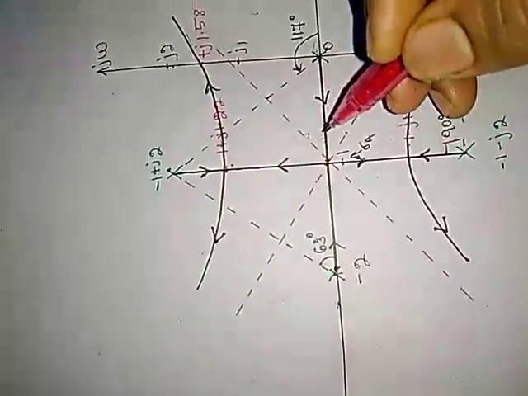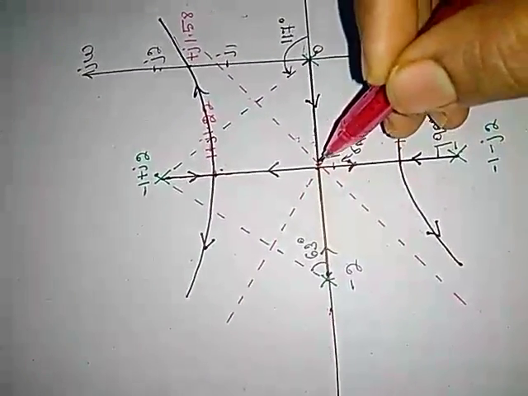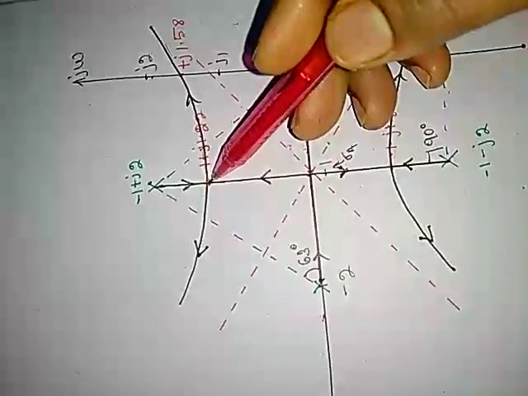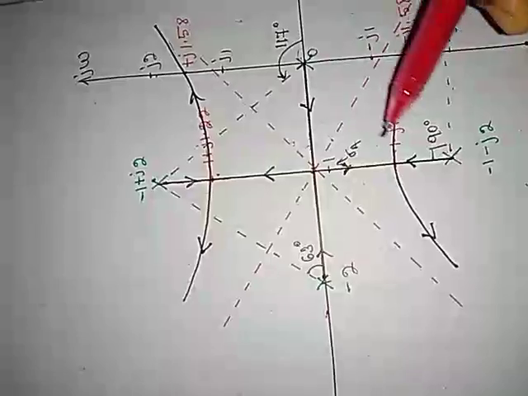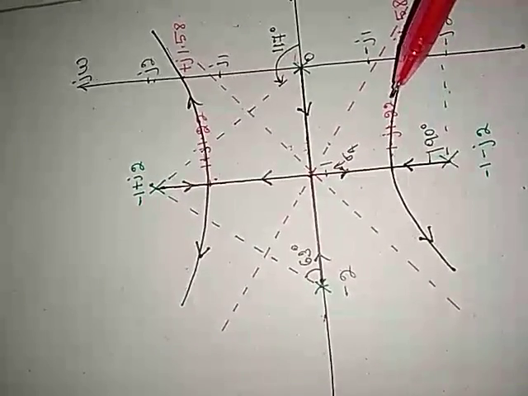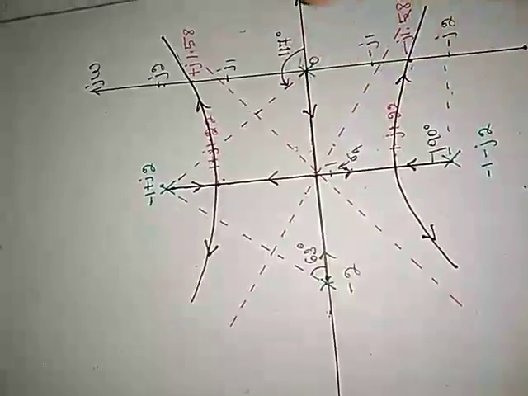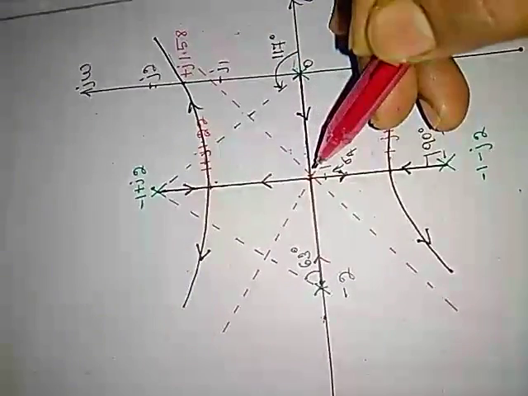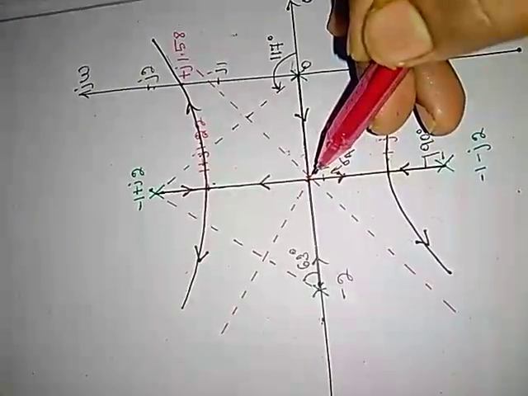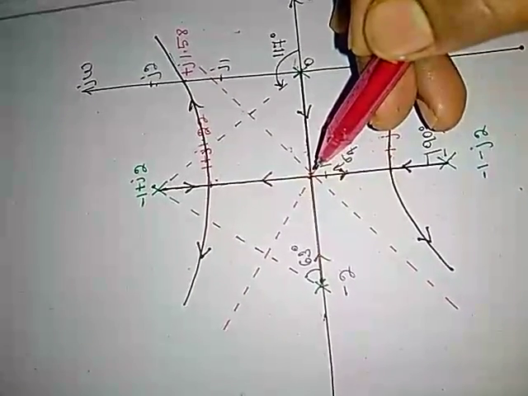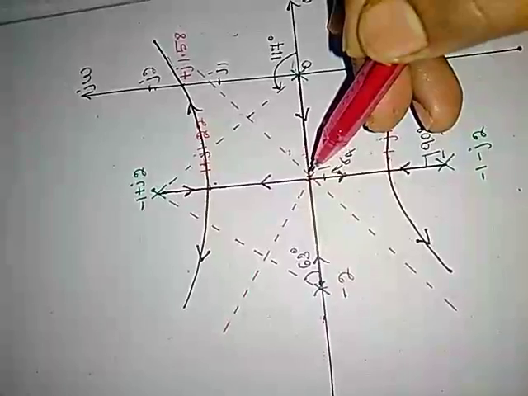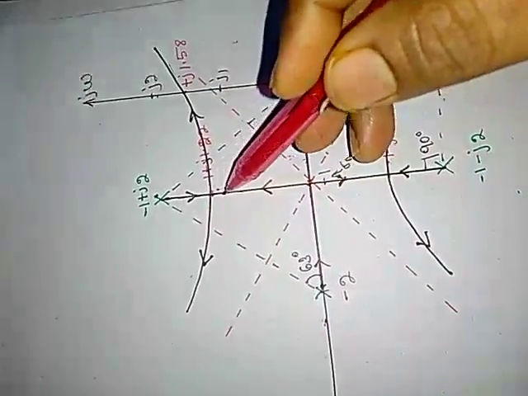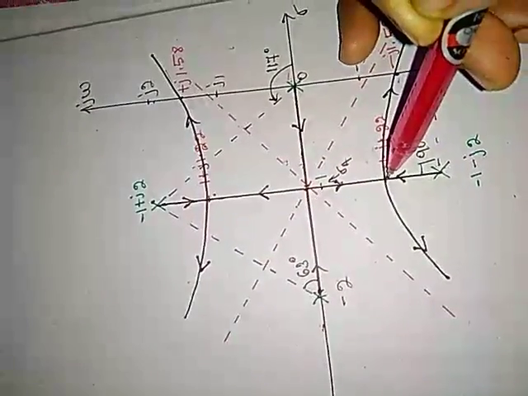See, here we get 3 breakaway points, minus 1, another is minus 1 plus j 1.25 and minus 1 minus j 1.25. See, here there is a trick that if the centroid and breakaway point are same, then you get the breakaway point in the complex axis.